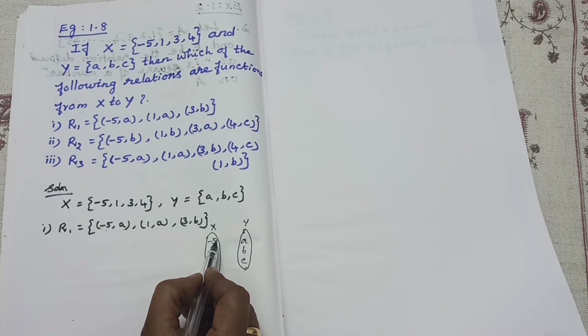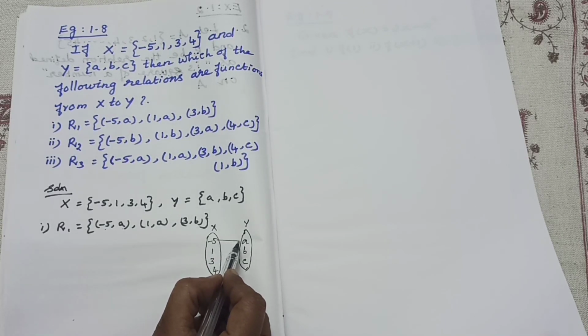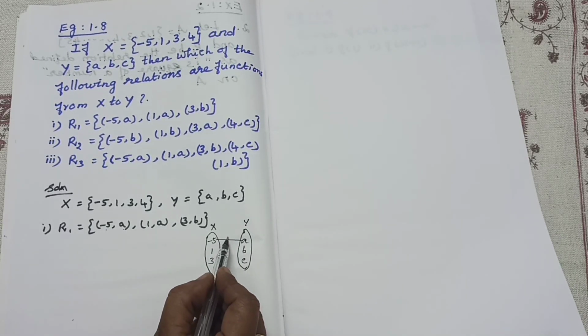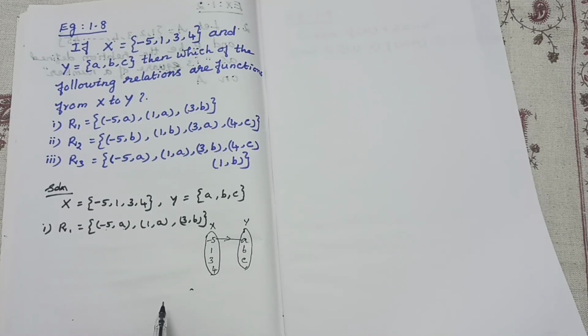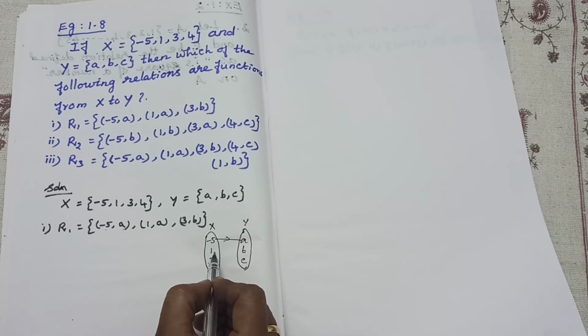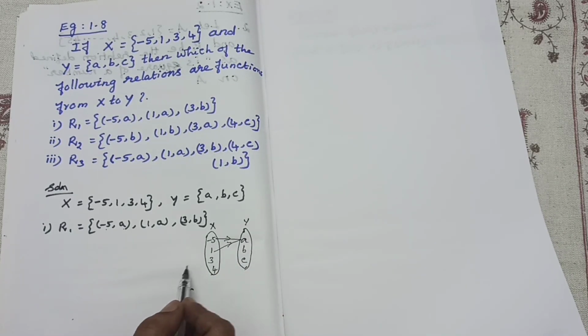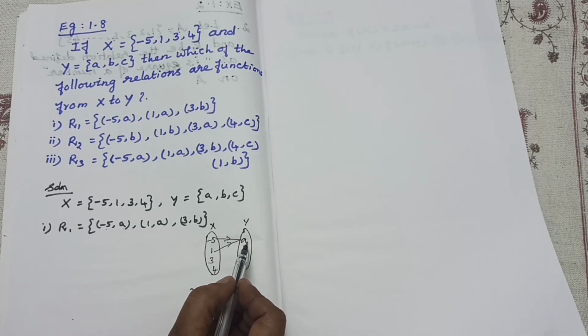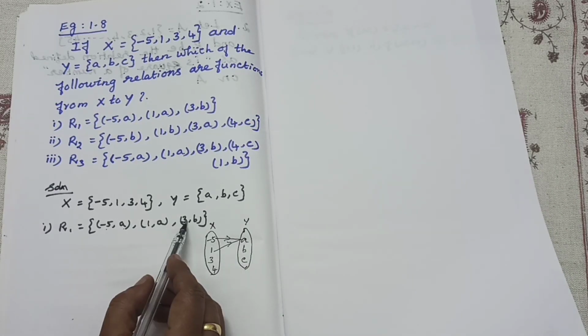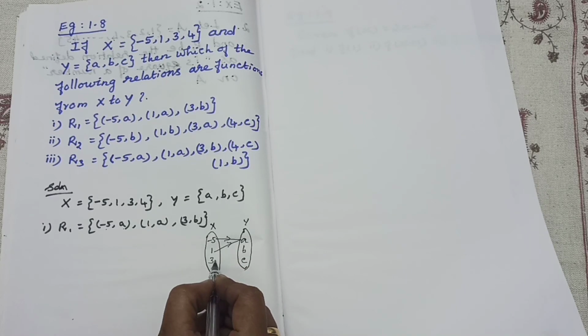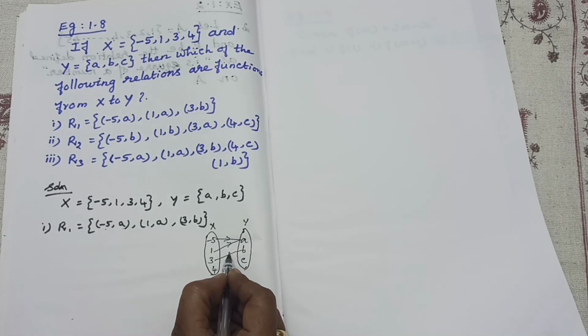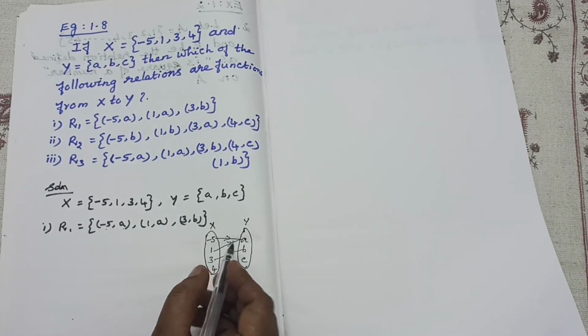Then minus 5, the image is A, and we have to put the arrow mark. Then the second one, 1 and A, mapping 1 and A. Then 3 and B. The third element is 3 and B. This is the arrow diagram.